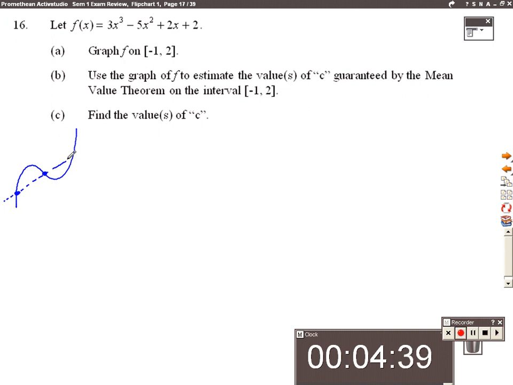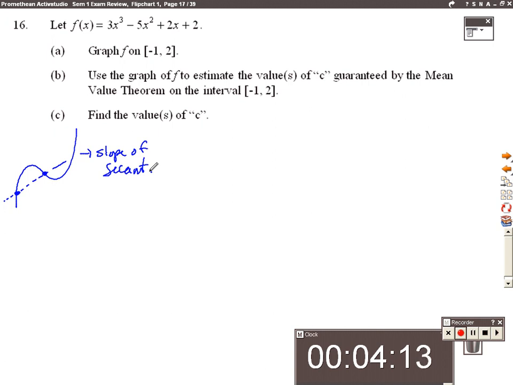This is like when we talked about the mean value theorem. We talked about it at Thanksgiving, and you're going on a trip to your grandmother's house. The slope of this secant line would represent your average rate of change. So it's not how fast you were going at any given time, it's just over the entire trip, this is how fast you averaged.